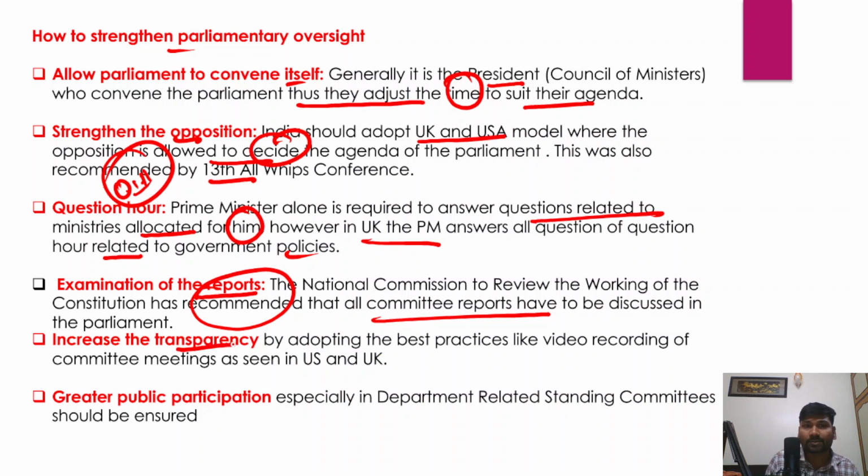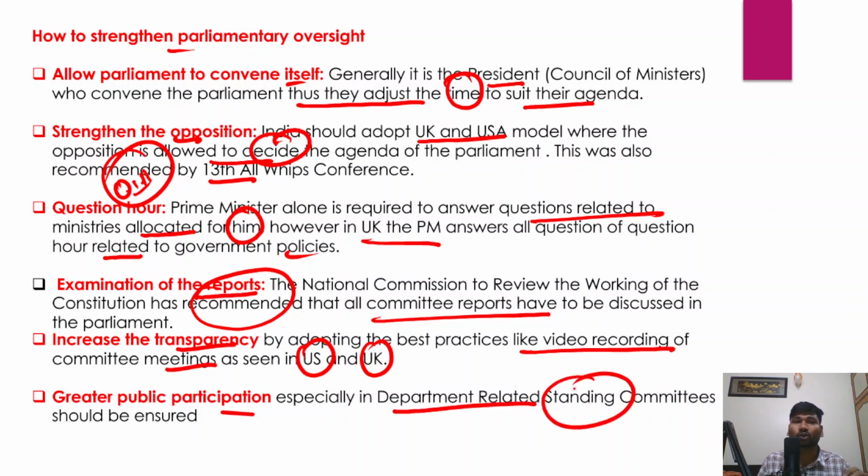And increase transparency by adopting the best practices like video recording of committee meetings as seen in the US and UK. So a greater public participation is also a very important aspect, especially departmentally related standing committees should be ensured. So all these measures have to be strictly followed.